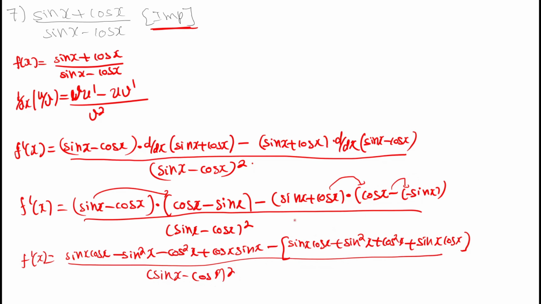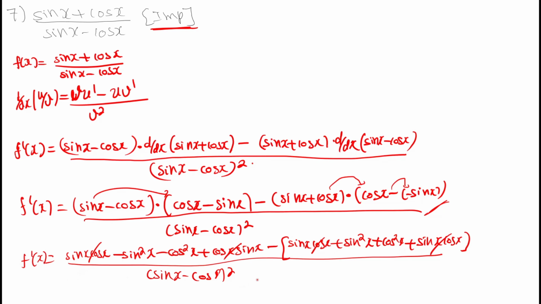Okay, if you feel difficult in the calculation, you can leave the problem here itself, you will get the marks. Otherwise continue. Here see plus sin x cos x, here plus sin x cos x, then here see minus sin x cos x, minus sin x cos x. Okay, here it will get cancelled. Then see minus sin square x minus cos square x, minus sin square x minus cos square x is there, right?